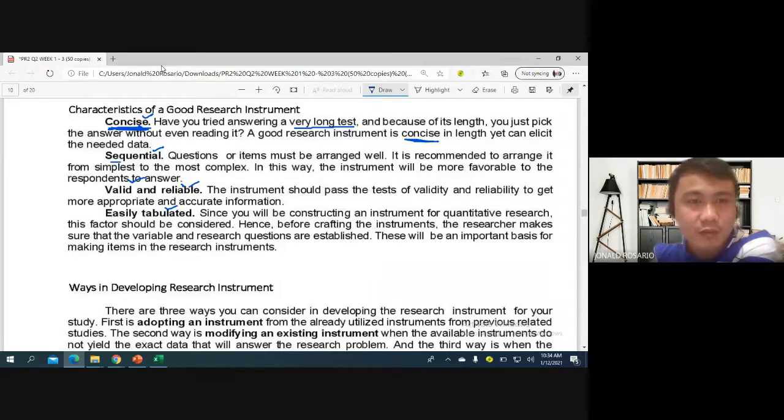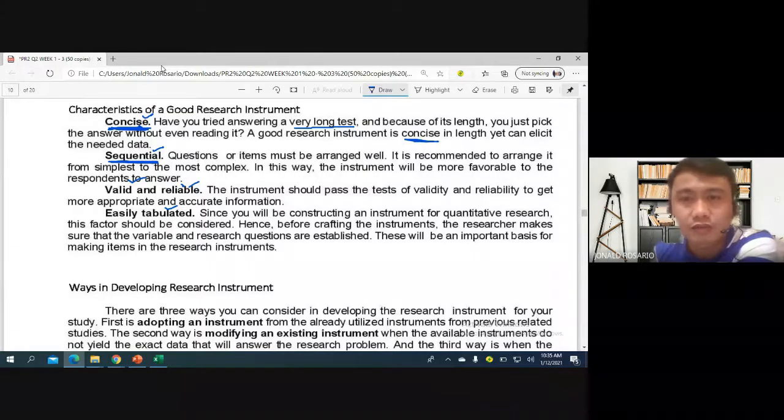Second one, sequential. Ibig sabihin, may sequence. Alam natin kung ano dapat yung mas magandang ilagay sa unahan at dun sa pangalawang part, pangatlo, and so on. Okay?